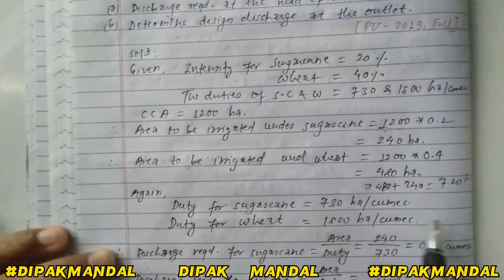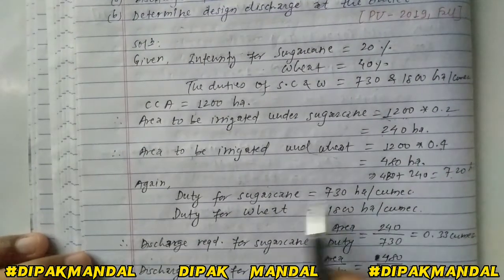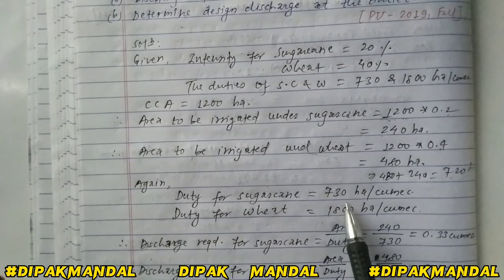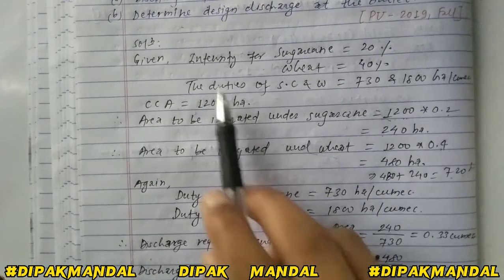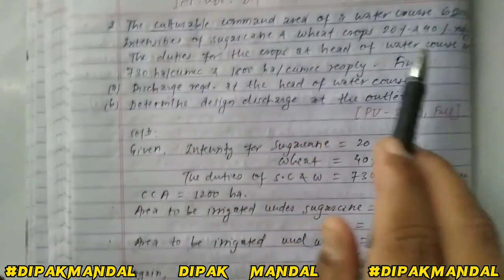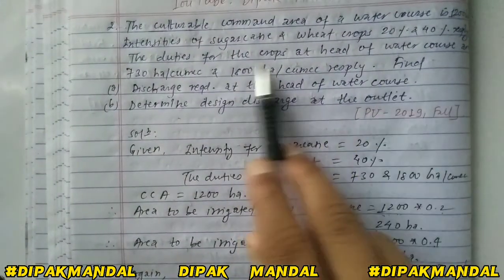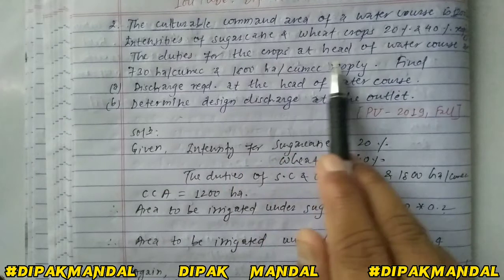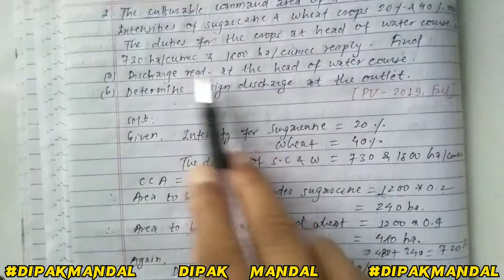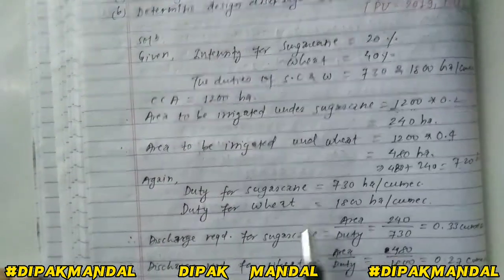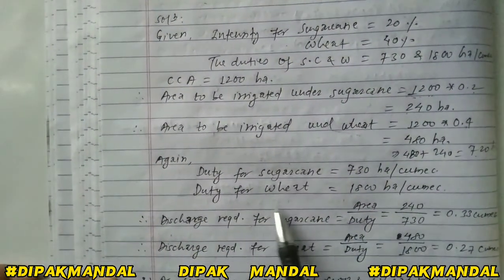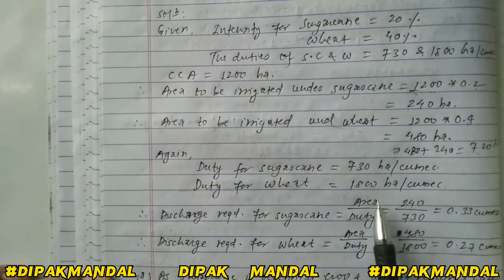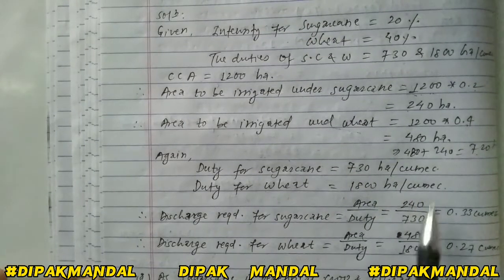As you know, the duty of sugarcane is equal to 730 hectare per cumec. This is already given in the question: the duty of crops at the head of water course, respectively, for sugarcane is 730 hectare per cumec, and for wheat 1800 hectare per cumec.